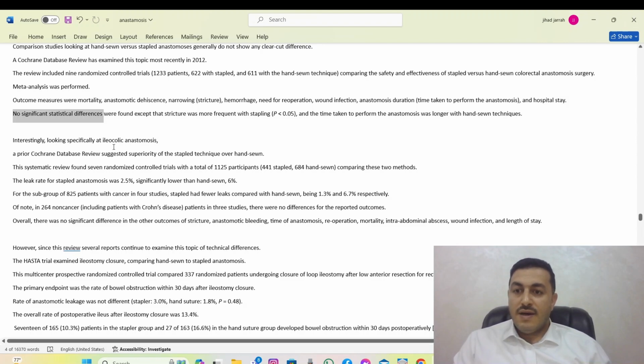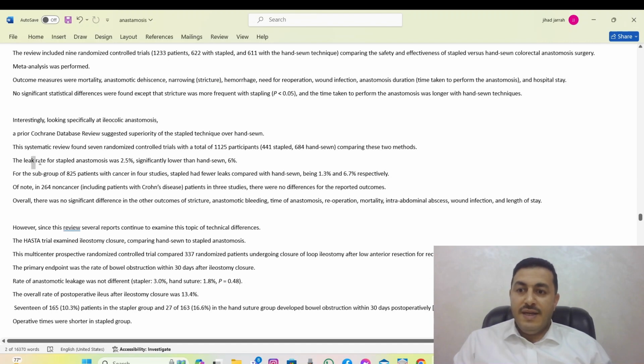You can see here regarding the ileocolic anastomosis, the leak rate was 2.5 in stapled anastomosis and higher in hand sewn anastomosis, with no difference in the other parameters like stricture, bleeding, reoperation, etc.